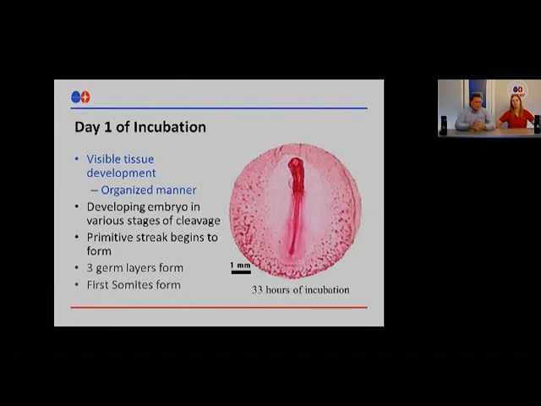We talked about that with that question a little while ago. What constitutes really an early dead and a blood spot or meat spot? We have to have some sort of organized manner. We're not just going to have randomness of cellular development. I say we're not. It does occur. It just doesn't occur in a live, viable embryo. We do have that occasionally, and those are certainly embryo mortalities. But we will have visible tissue development in that first day in an organized manner.